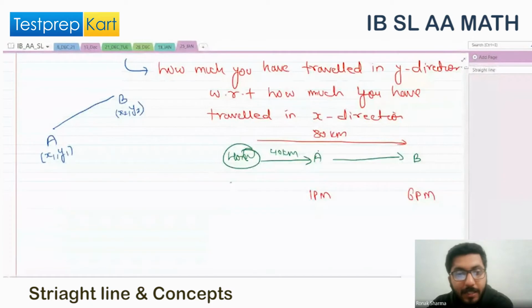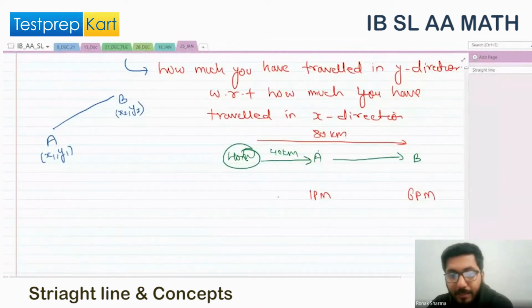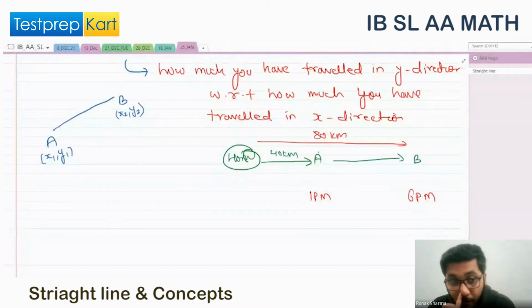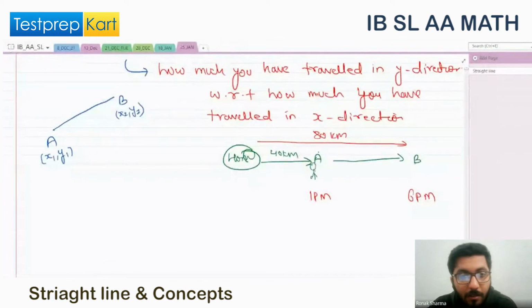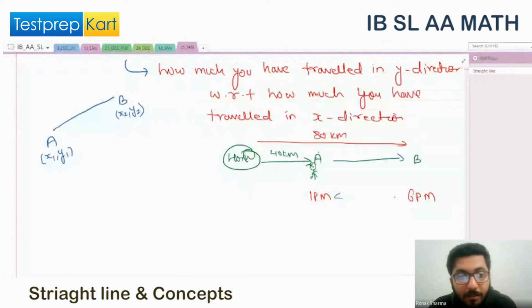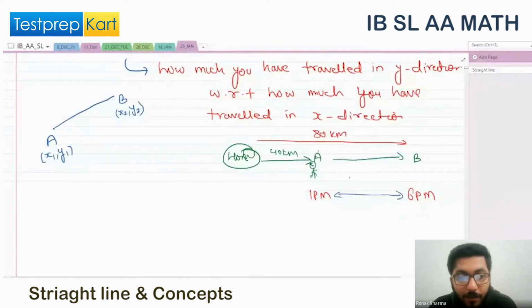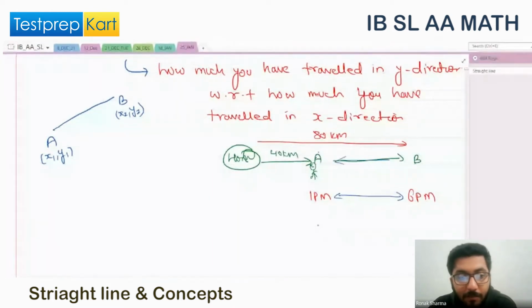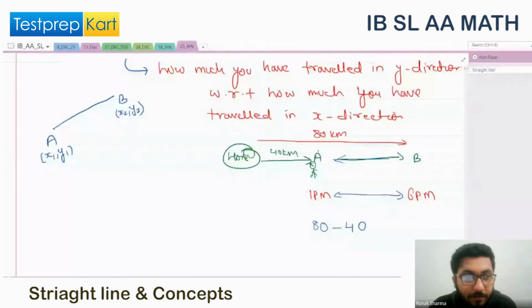Now I'm asking you one thing: how much you have traveled with respect to how much time you have taken to reach there. You are at A right now, and you have to go to B. First of all, you'll find the distance between A and B. That will be given by 80 minus 40, divided by the time at B, which is 6, minus the time at A, which is 1.